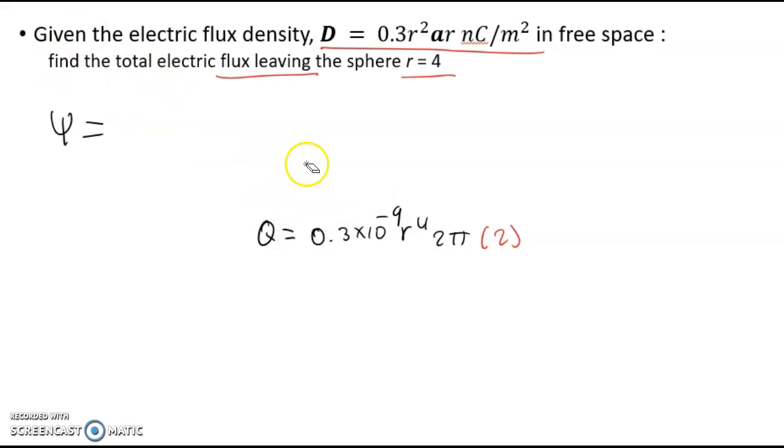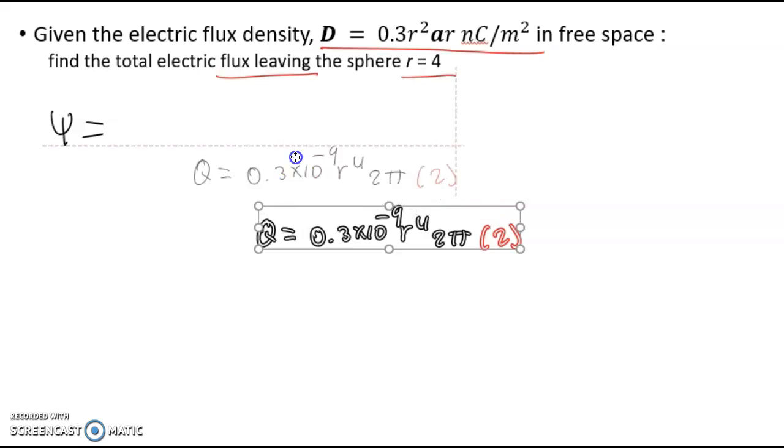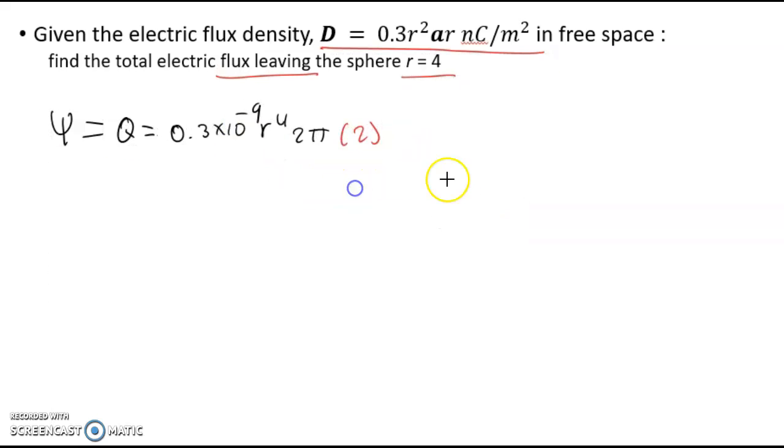So we just take this expression and replace the values. You just make a little adjustment: this 2 pi times 2 becomes 4 pi.